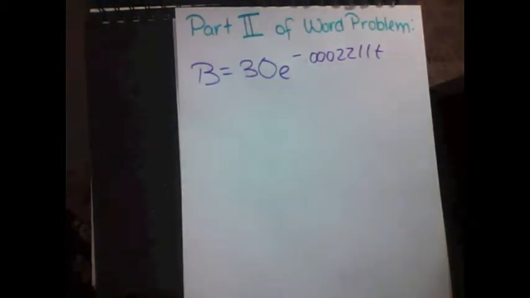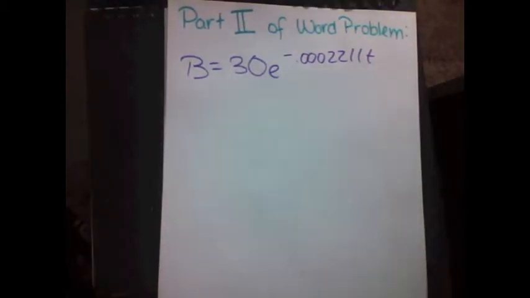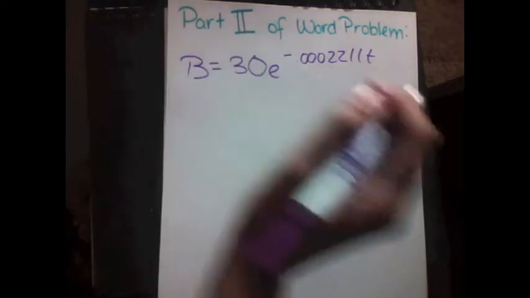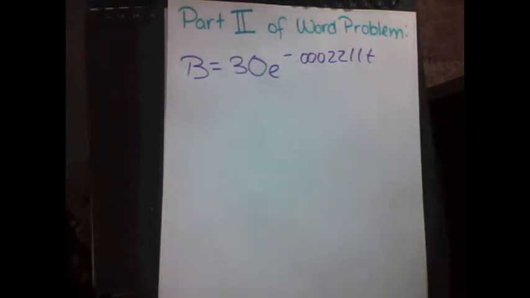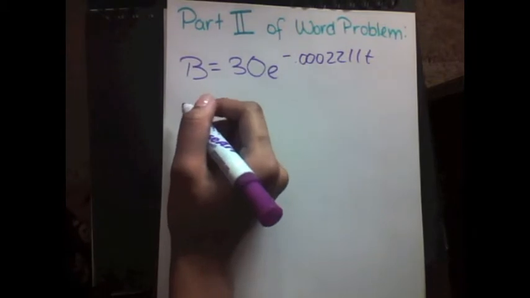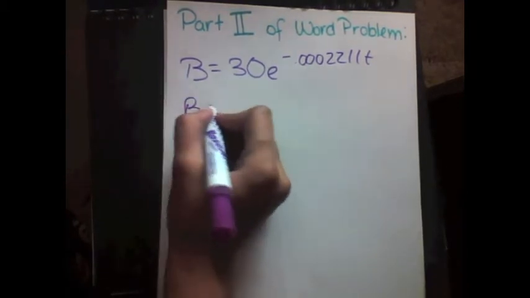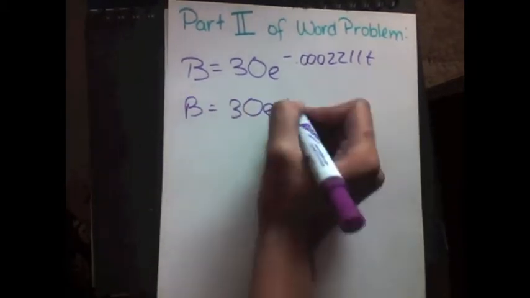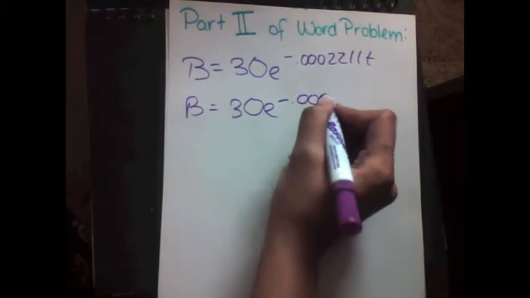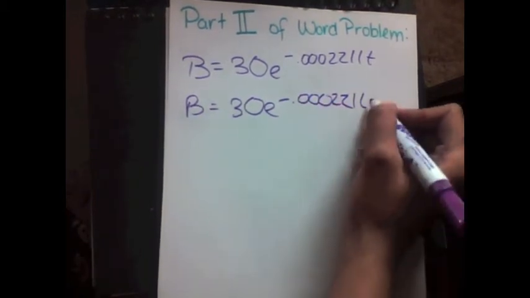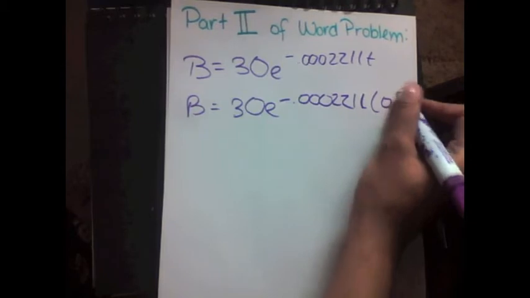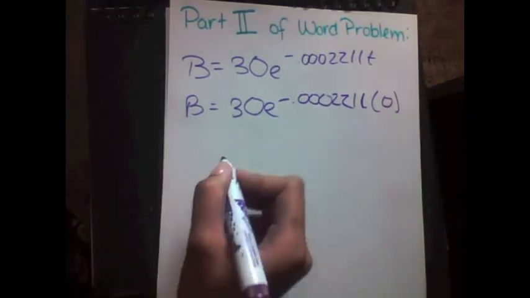Now to find the half-life, we are going to plug 0 into t. That's how we find the half-life. I'm going to write every step down so you know what I'm talking about.